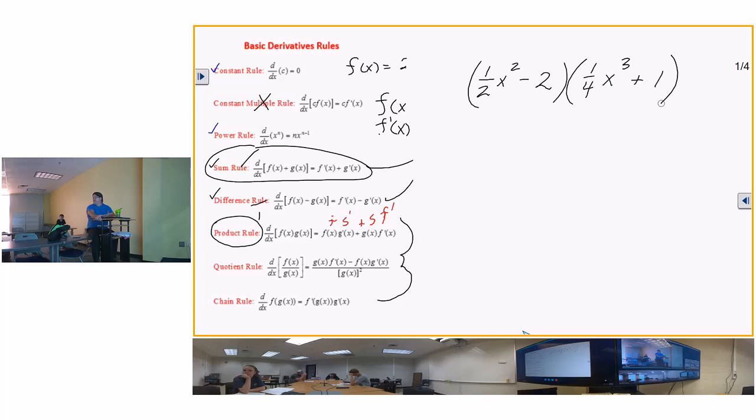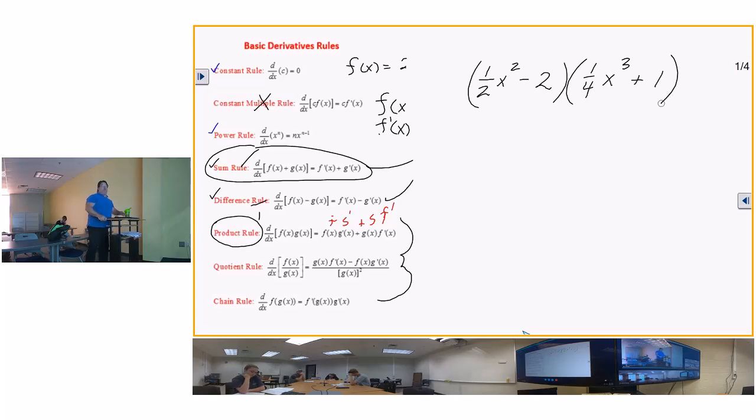F of x is equal to 6 times 9. So if you wanted to see what the function is, then you would use your FOIL method first. Otherwise, if you don't want to do that, then you use the product rule and just do it in factored form. So right now you don't know what the function looks like.